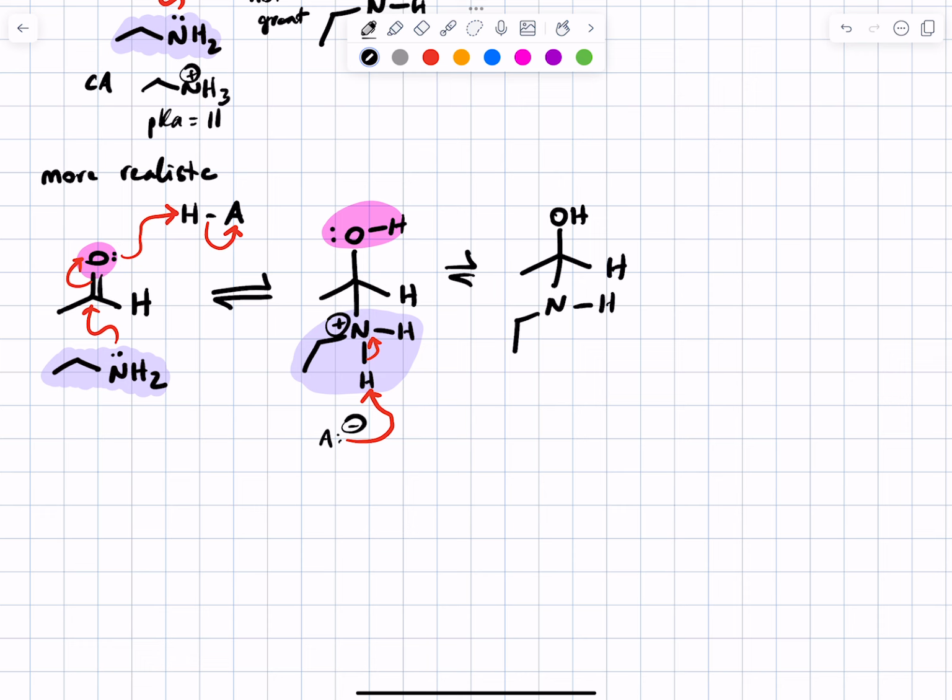And one interesting thing about this neutral intermediate is suddenly that neutral nitrogen is way less good of a leaving group than it was before. Right? If I just mentioned that when it's positively charged, it could leave as the neutral amine, and that's totally reasonable. When the proton is gone, it would have to leave as a negatively charged amide conjugate base, and those are terribly unstable.